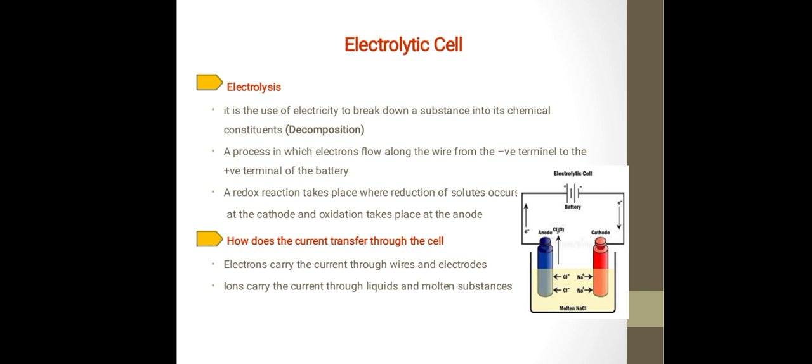Electrons carry the current through the wires and the electrodes. Okay? While in the solution or the liquids or the molten substances, ions carry the current. Okay? Then electrons carry the current in the solids and the ions carry the current in the liquid state. Okay?